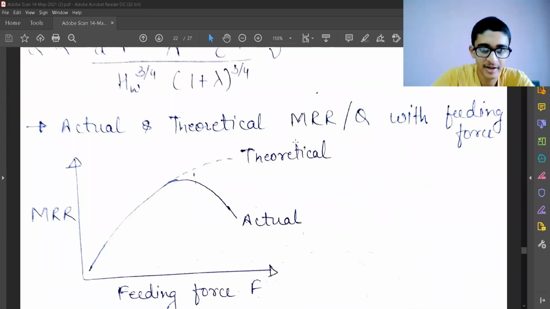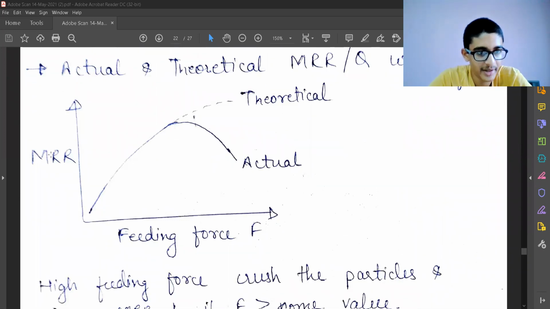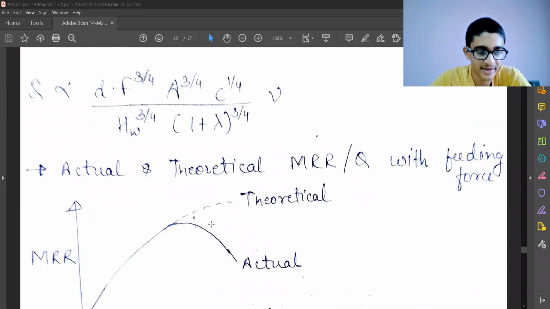So actual and theoretical MRR or Q with the feeding force. MRR is dependent on the feeding force, which is controlled. This is the theoretical curve seen. The curve comes from this expression, that the MRR should continuously increase as I increase the feed.